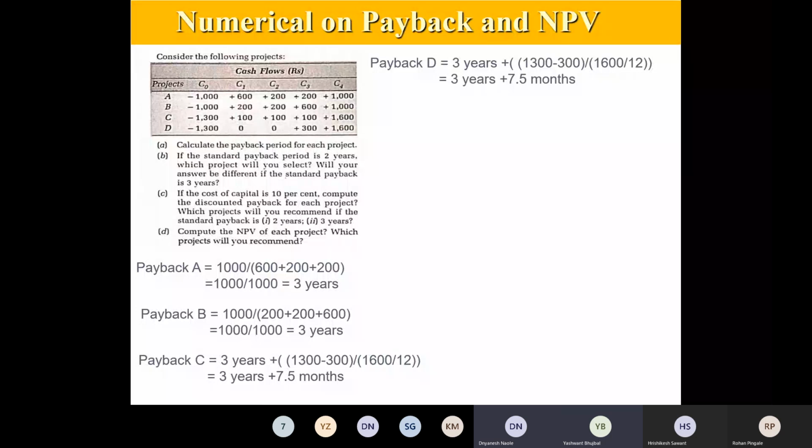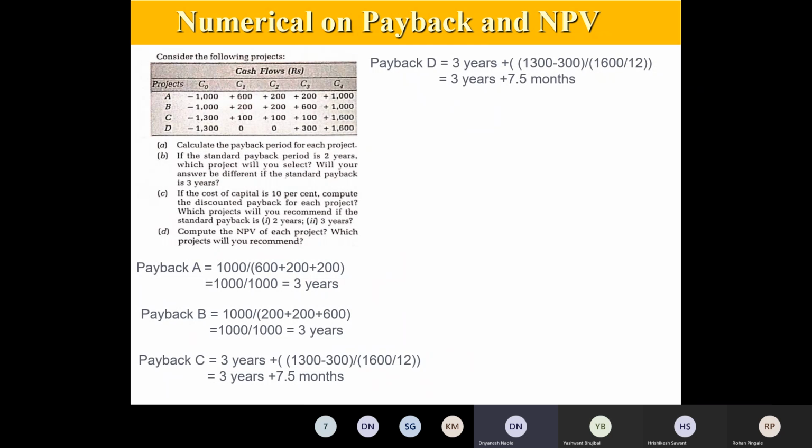What is the rule for acceptance in payback period? Payback period of the project should be greater or lesser than the standard payback period. Payback period should be less or more? Which is better, project A or project C, as far as the payback period method is concerned?